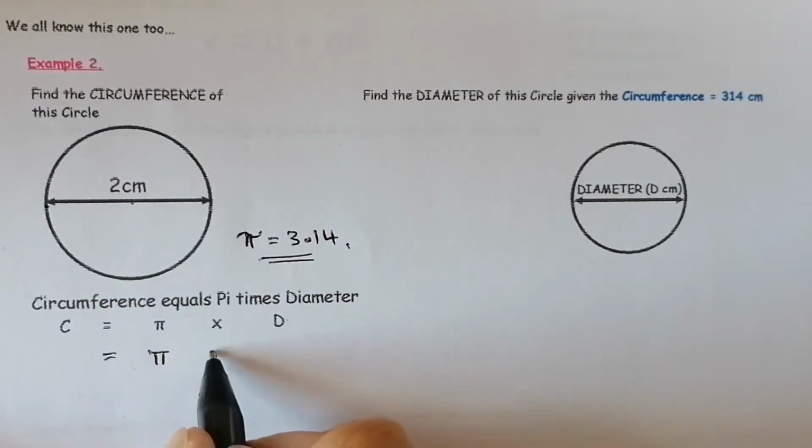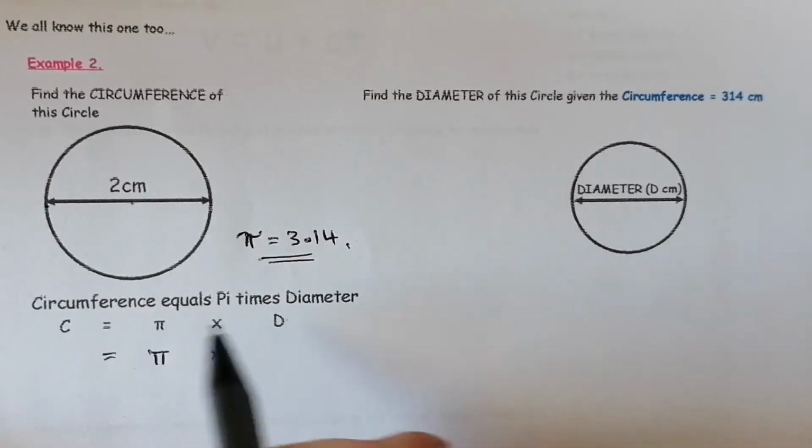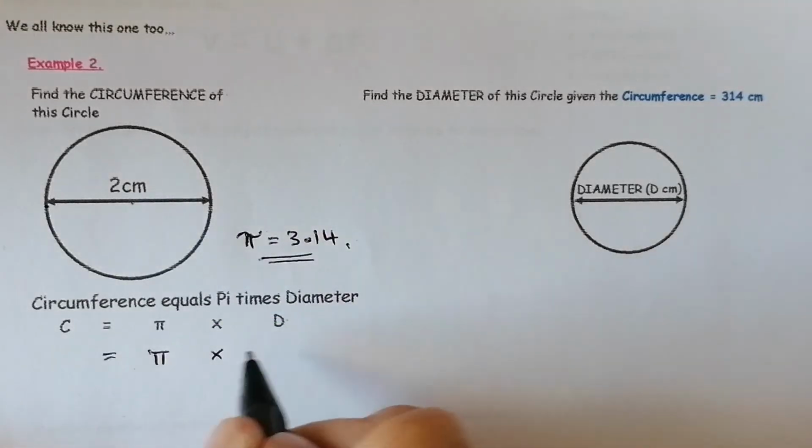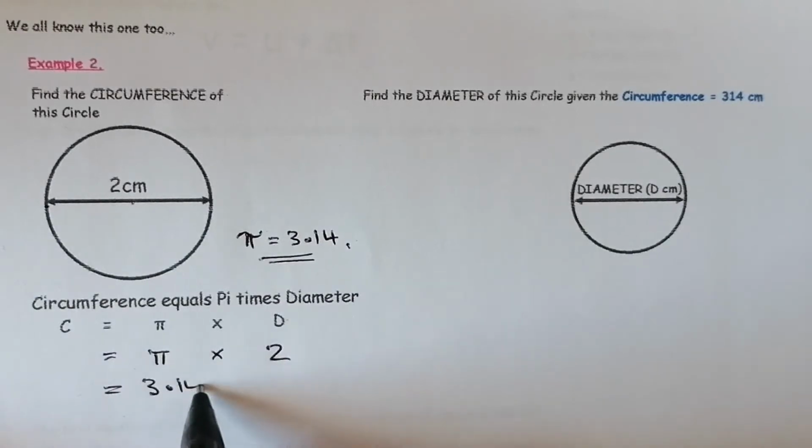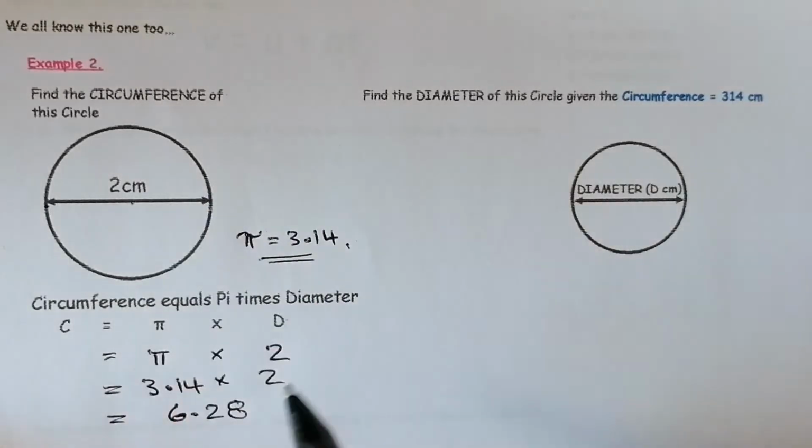So if I substitute my values in, pi times d, which is 2 centimetres, I should have put in a 3.14 there, times 2, and if I multiply that out, I get 6.28. We're working in centimetres, so the distance all the way around the circumference of that circle is 6.28 centimetres.